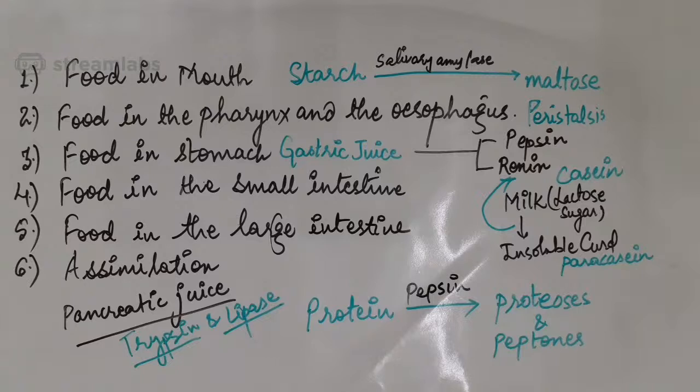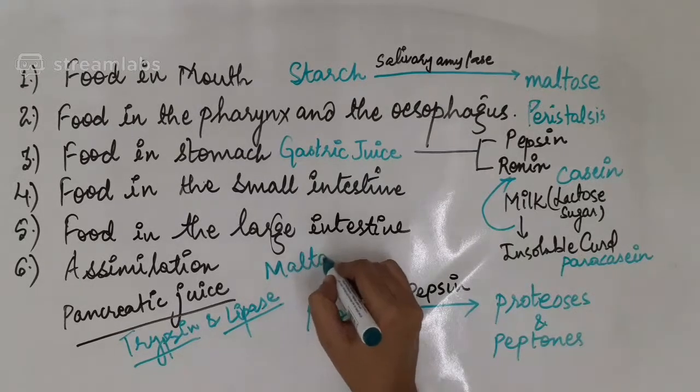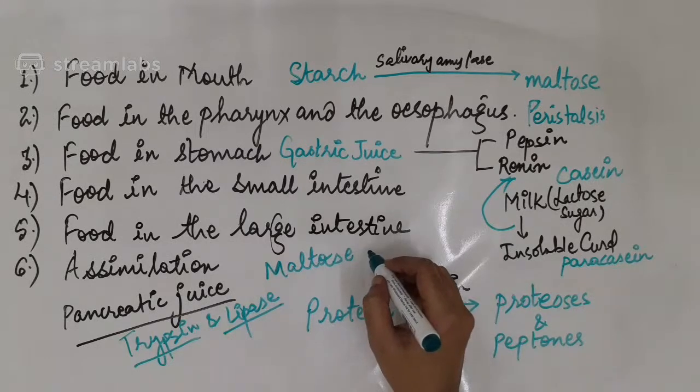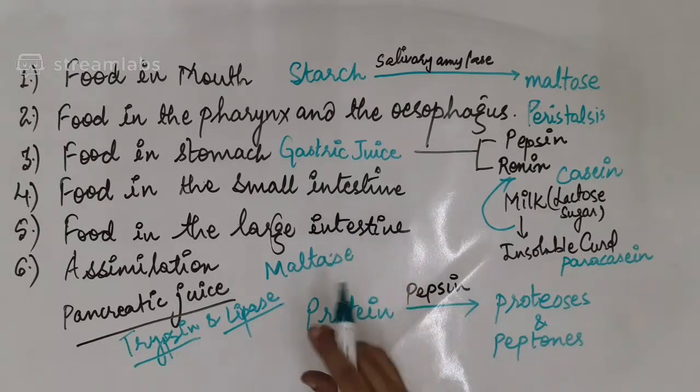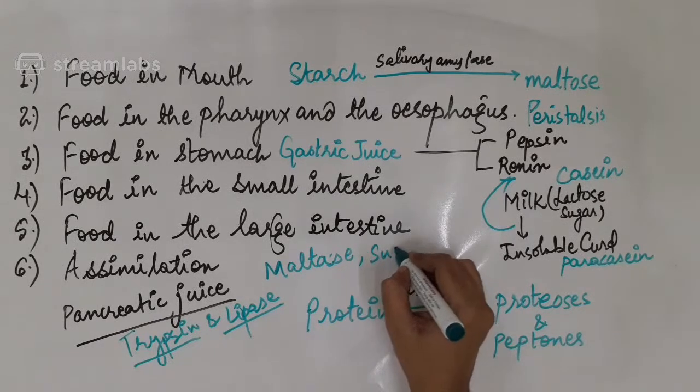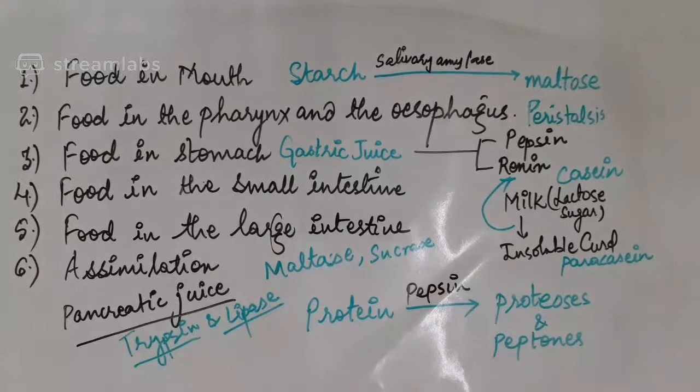The carbohydrates or the sugar are also digested in the small intestine by the help of enzymes named as maltase, sucrase, and these enzymes, which are converting the complex sugar into simple one, act upon the food which is passing through the finger like projections called villi.